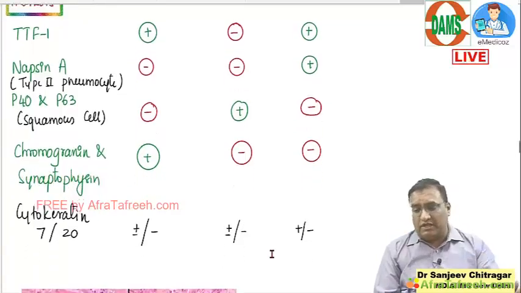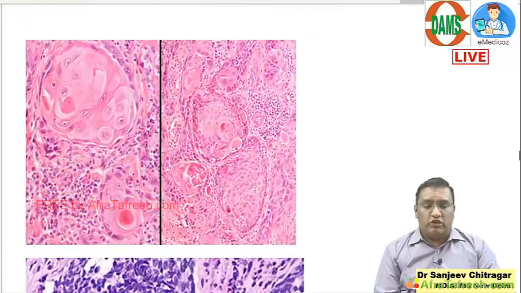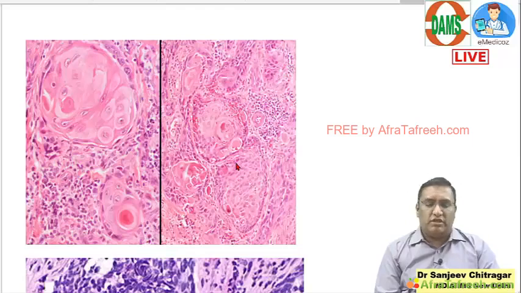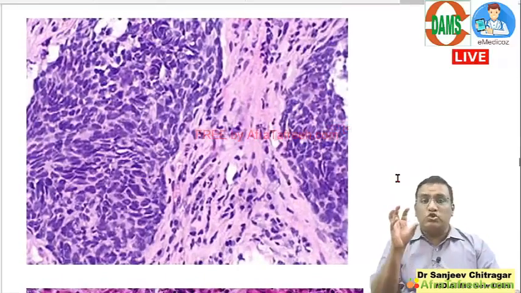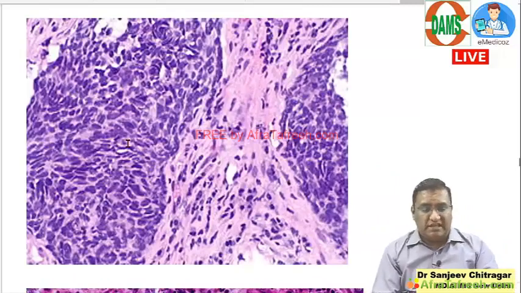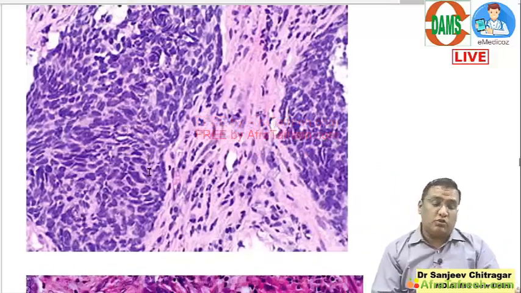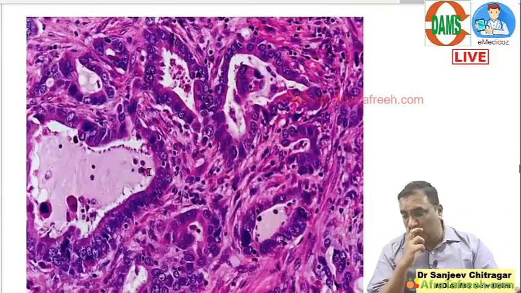Other than that, what else could the history give you? These could also be clinical hints. Keratin pearl formation is squamous cell carcinoma. Dark blue nuclei that are very closely packed will be seen in small cell carcinoma, and gland formation will be seen in adenocarcinoma.